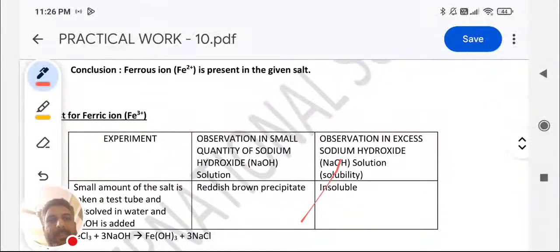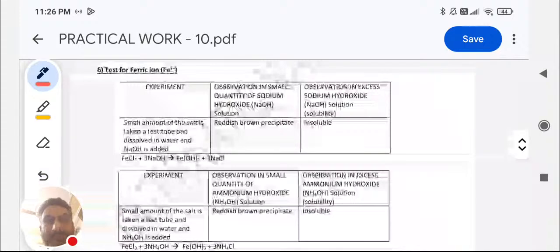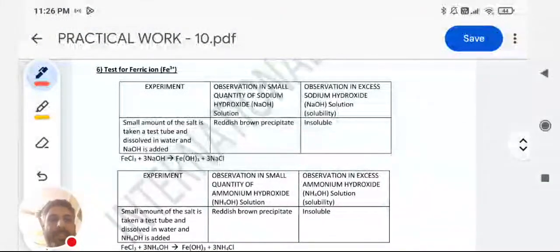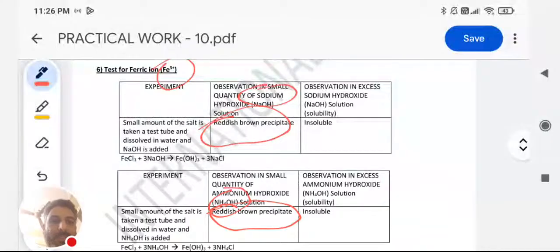Then the next one is ferric ion solution. Even here you need to remember the color of the precipitate. For ferric ion, you need to remember a reddish brown precipitate in both cases, whether it is sodium hydroxide or ammonium hydroxide, and in both cases it remains insoluble.